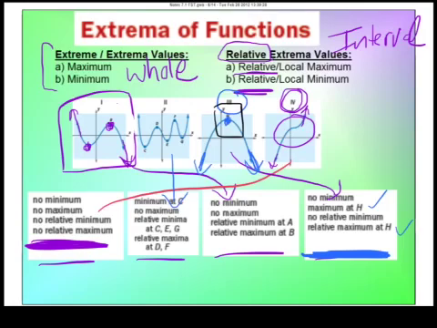Okay, and then the last one by default, this graph number 2 with all the humps, has lots going on. If you take a look at this, what it says is this graph actually has a minimum at the point C, which is the lowest part of the graph right there. There is no maximum because this graph goes on towards positive infinity on both ends of it.